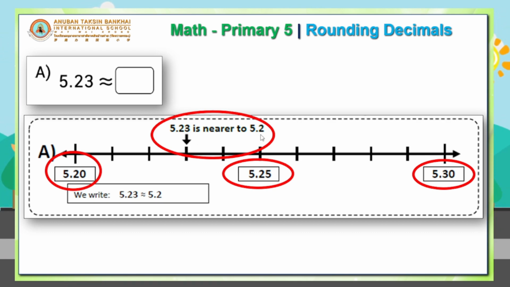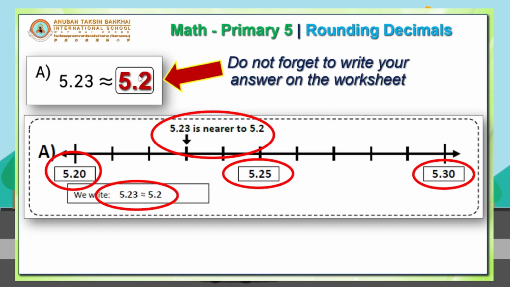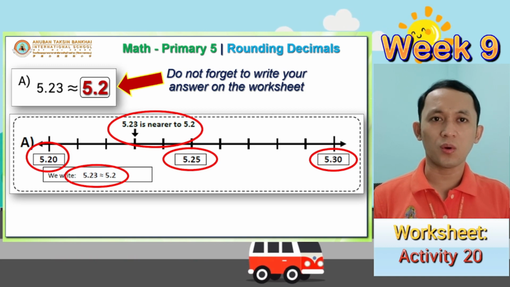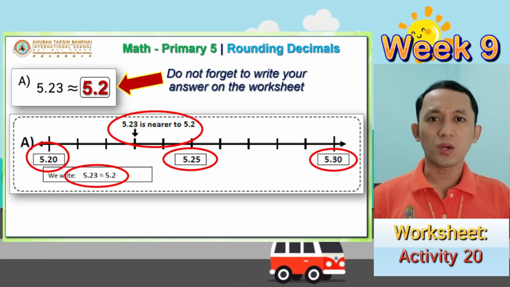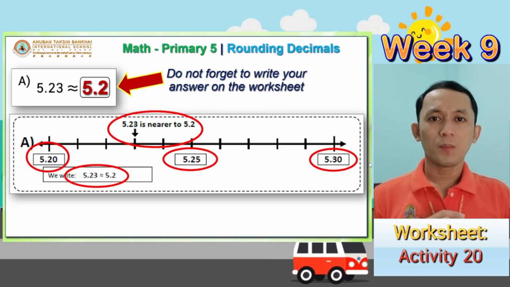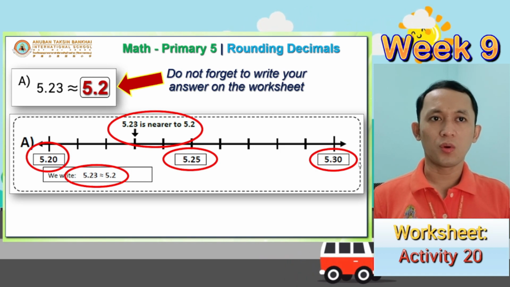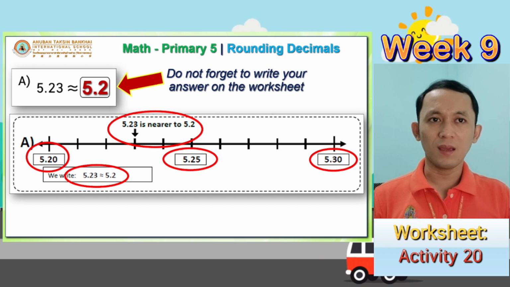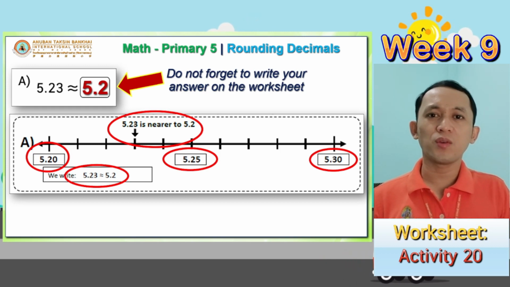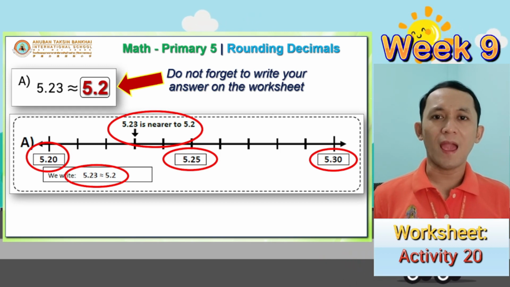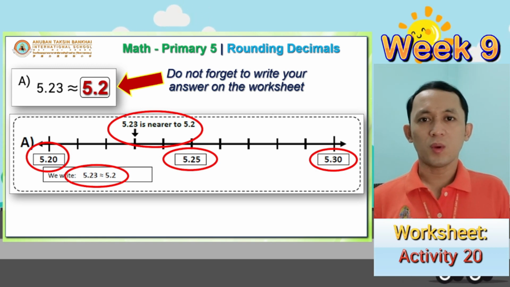And then we are going to write our answer here: 5.23 is approximately equal to 5.2. Then do not forget to write your answer on your worksheet. So here you are going to write 5.2 in your worksheet. That's how you are going to answer your activity number 20.